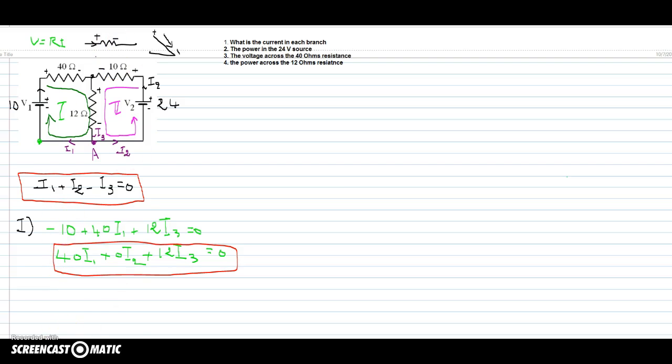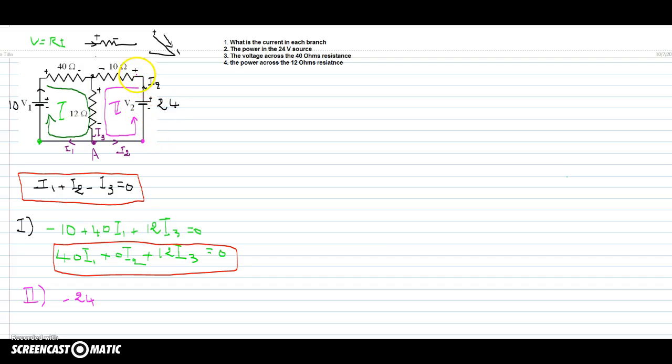Now let's do magenta. Now, what about loop number 2? I'm going to walk from here and come back to the same point. So I walk, there is no change. Then I hit minus and over 24, so minus 24. Again, I'm using the KVL convention.